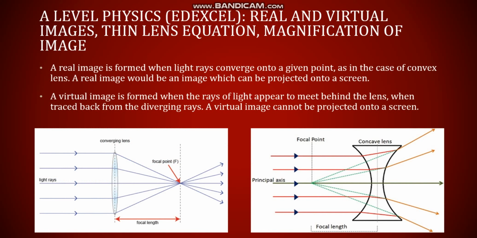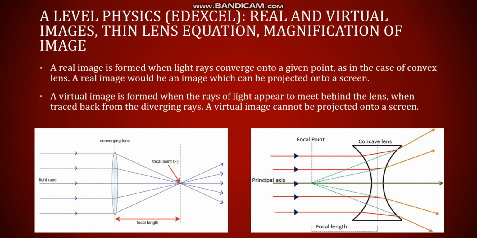Now, if we move on and have a look at virtual images, a virtual image is formed when the rays of light appear to meet behind the lens when traced back from the diverging rays. Now, it's important to note that a virtual image cannot be projected onto a screen. So as we can see on the right hand side, it shows a picture of a diverging lens. We initially have our rays of light parallel entering into the lens, and as a result they refract and diverge outwards.